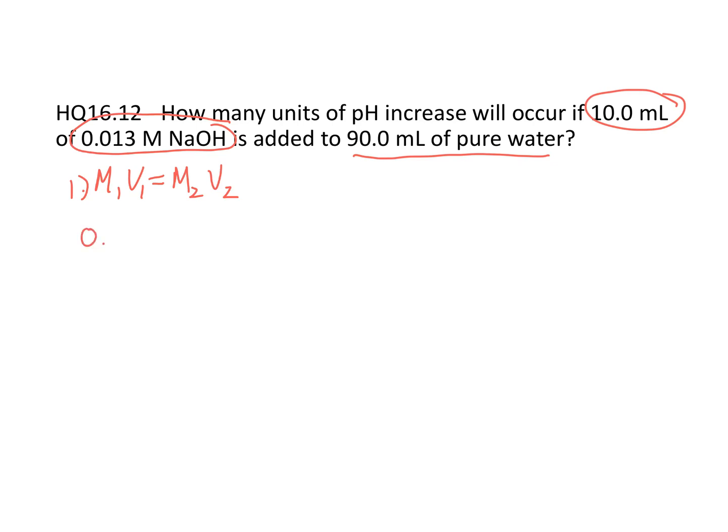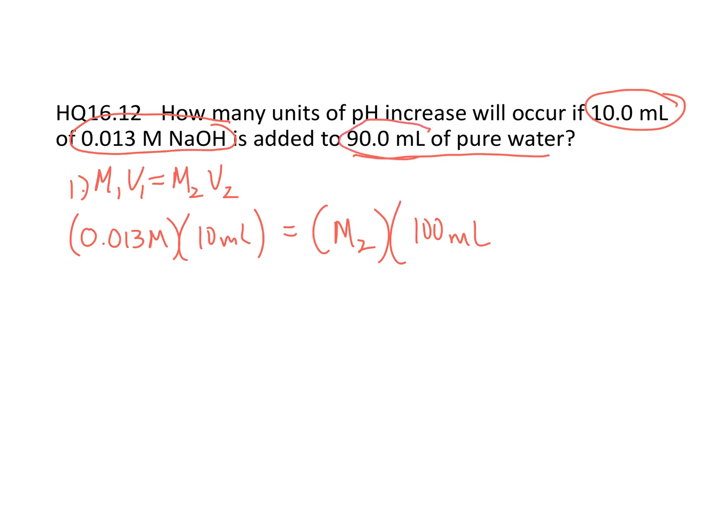So initially my molarity is 0.013 and my initial volume is 10 milliliters. I want to find what's my new molarity at the 100 milliliter volume. And I got the 100 milliliter volume from adding together the 90 milliliters of pure water with the 10 milliliters of the sodium hydroxide.